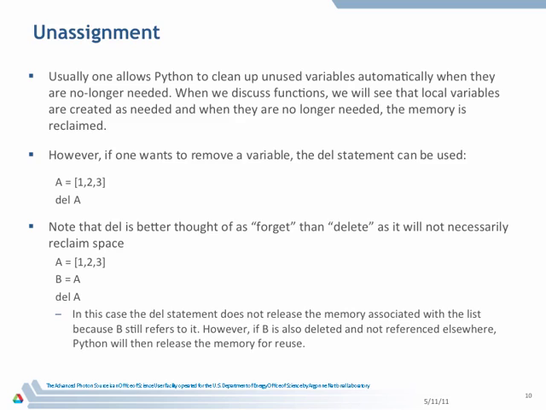In this case, the delete doesn't do a whole lot. It didn't get rid of this object. All it did was get rid of the pointer to it. This doesn't matter under normal circumstances, but if A was a gigabyte and I want to get my gigabyte back, in this case, I'm not going to get it back.